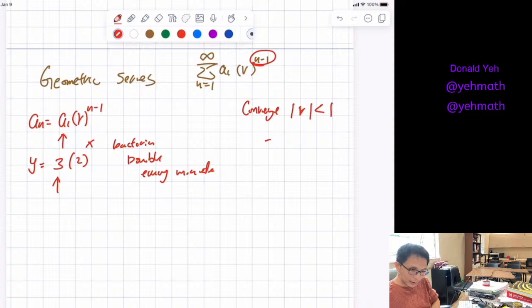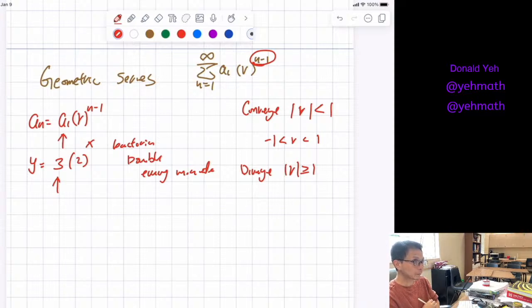So that means r can be between -1 and 1. Anything with a value between -1 and 1, but not including 1, can converge. It diverges when the absolute value of r is greater than or equal to 1.